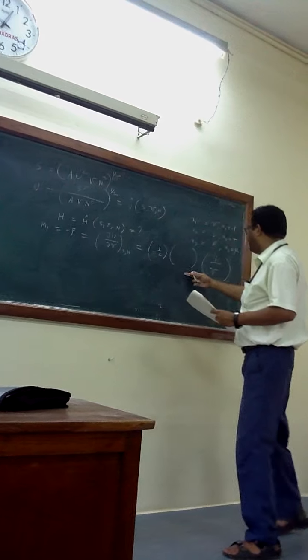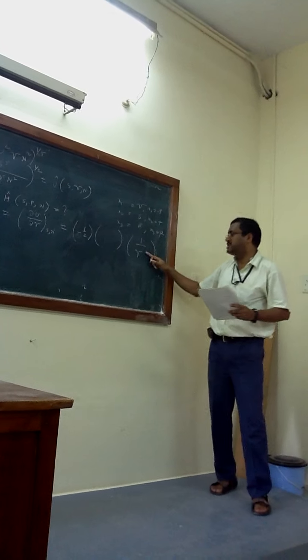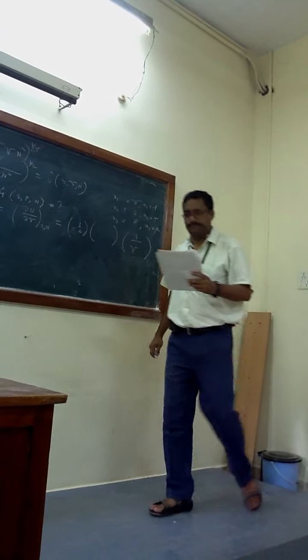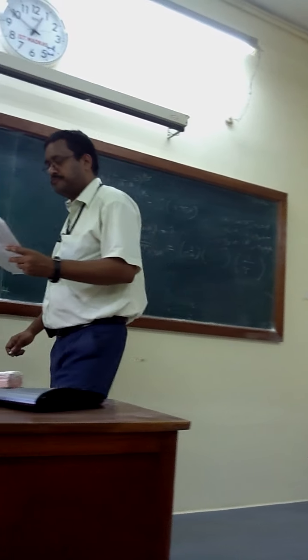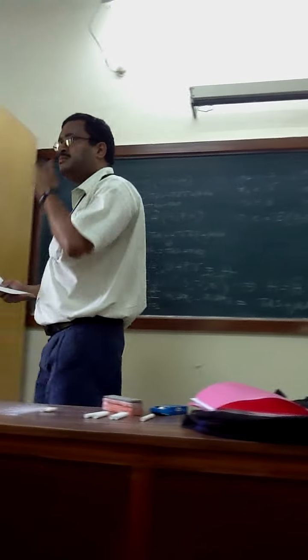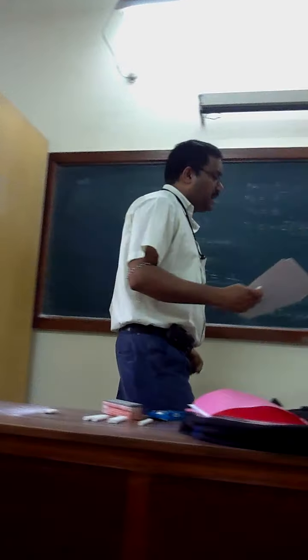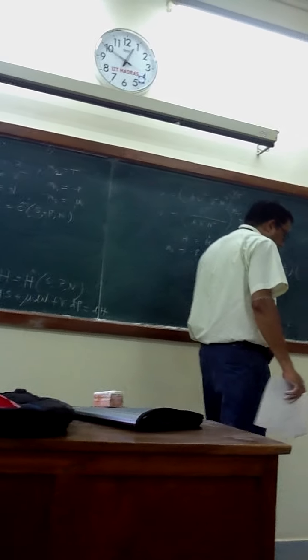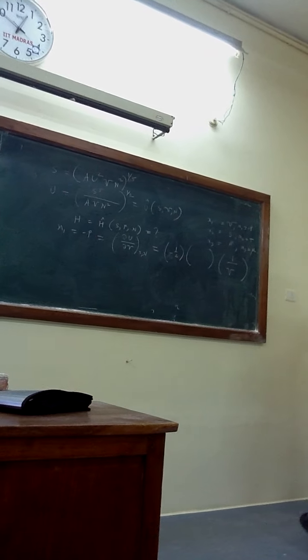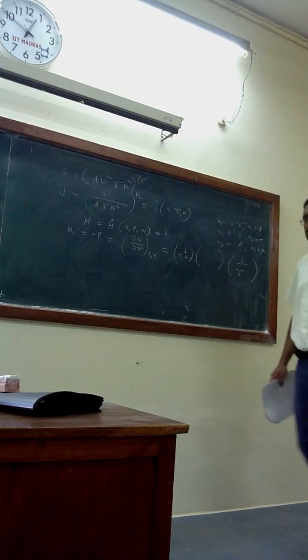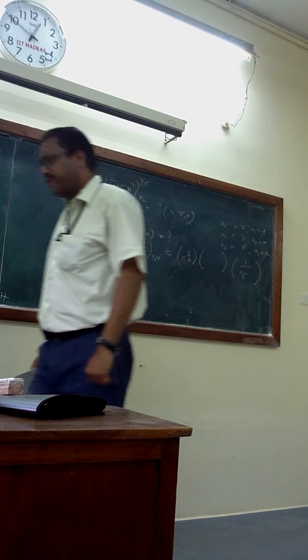Here S and N will come, these will be there with some exponent. What is the exponent? In the bracketed term you have S and N.